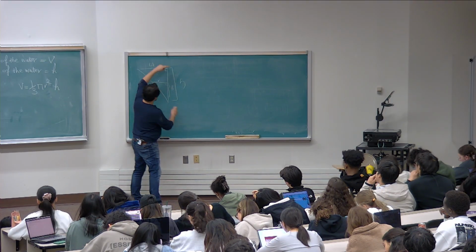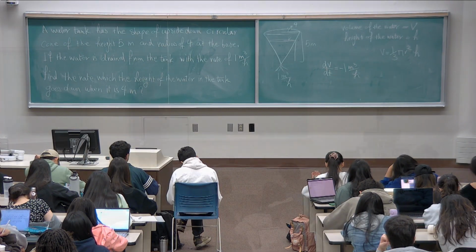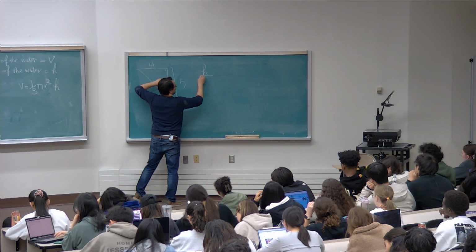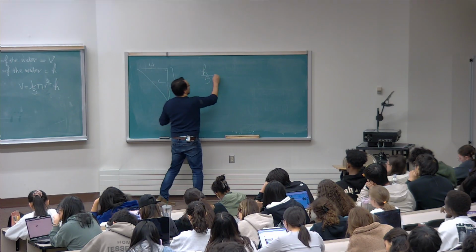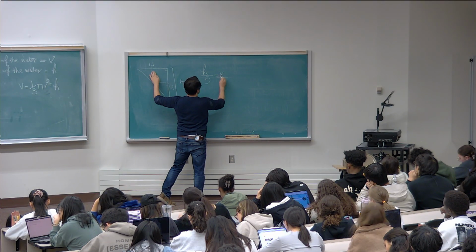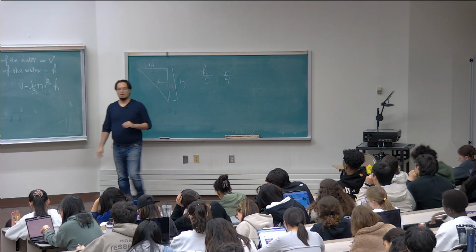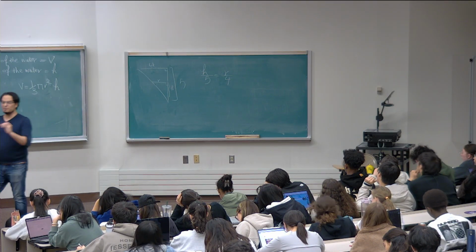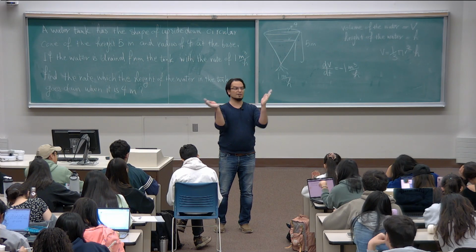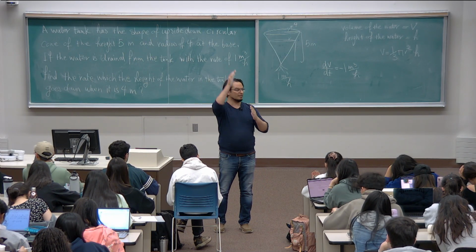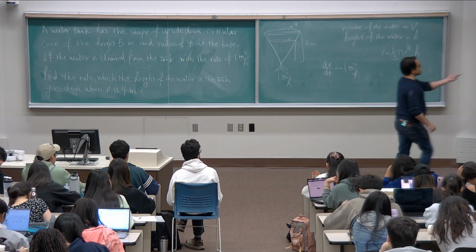In other words, H over 5 is going to be the same thing as R over 4. Why are you doing all these things? Because my H and R are not independent of each other. Once H changes, R will change as well. And this is how they are related.